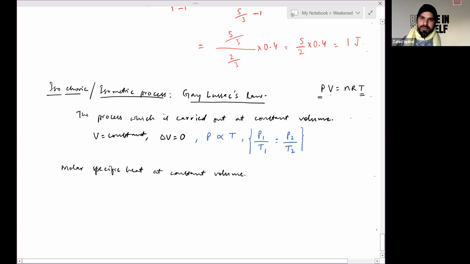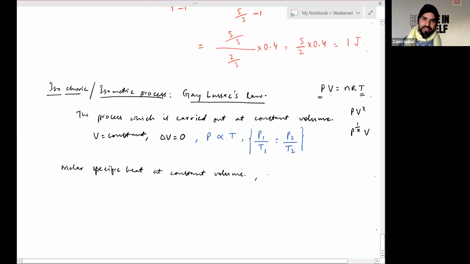If you compare this particular equation with the generalized equation of state, PV to the power x or P to the power 1 by x times V. Since in this part V is constant, x will be infinity.